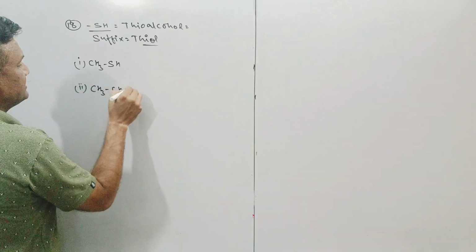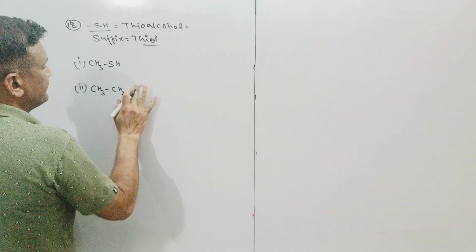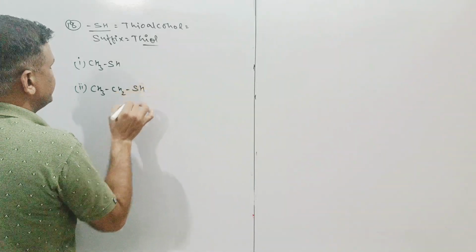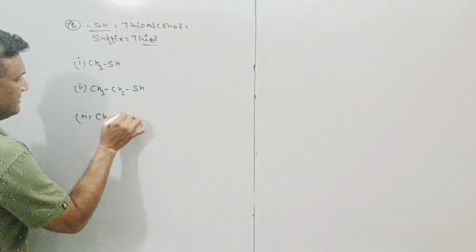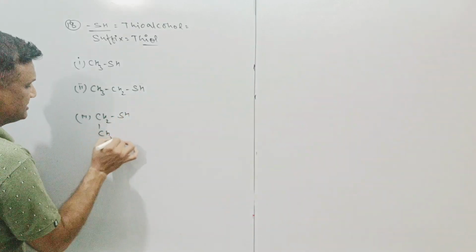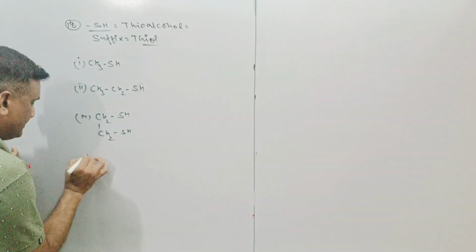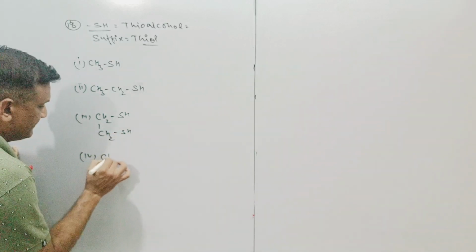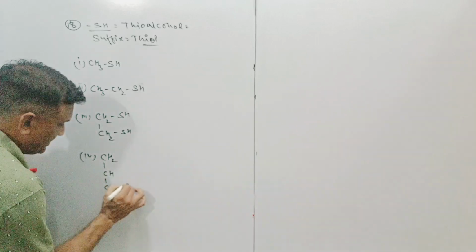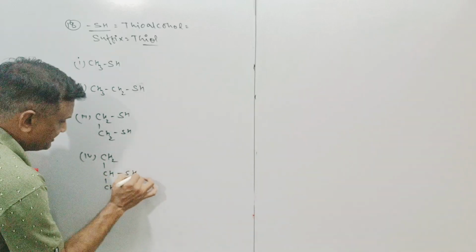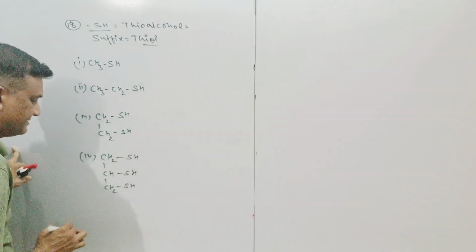This is CH3CH2SH. This is the third function group. There may be more than one: as a two function group, there may be more than one, as a three function group, SH, SH and SH.